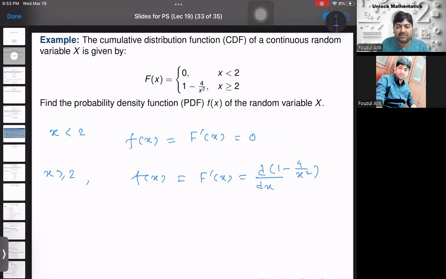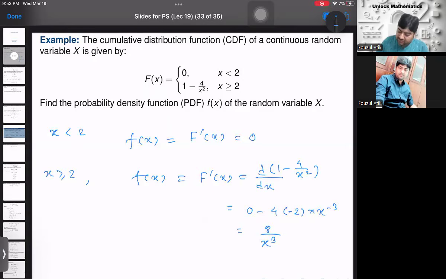The derivative is very easy, and you get 0 minus 4 into minus 2 into x to the power minus 3, so it is 8 by x cubed.